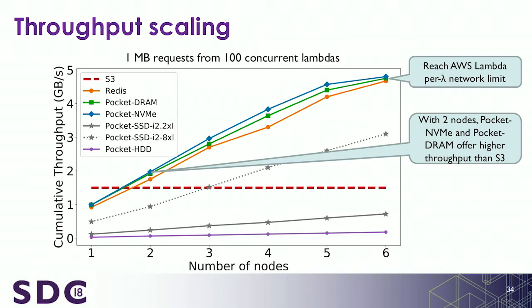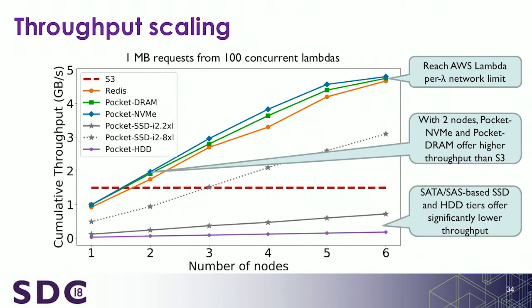The reason why we see a tapering off here is because, for these 100 concurrent lambdas, we're reaching the per lambda network bandwidth limit. We also distinguish between NVMe flash and regular SATA or SAS-based SSDs, which are offered on older generation Amazon instances.